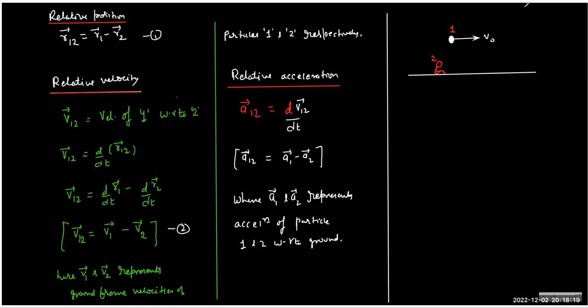No. Very good. So if you and your friend jump together, then a person on the ground will say that you both are accelerating downward. Yes or no?